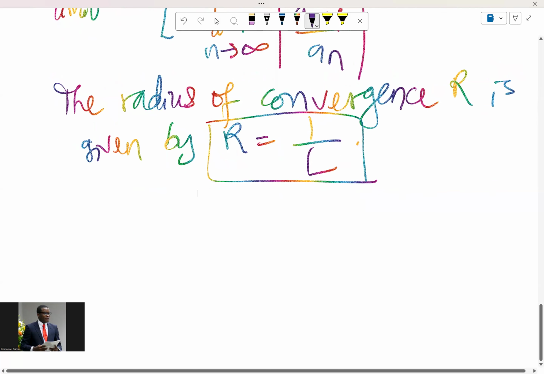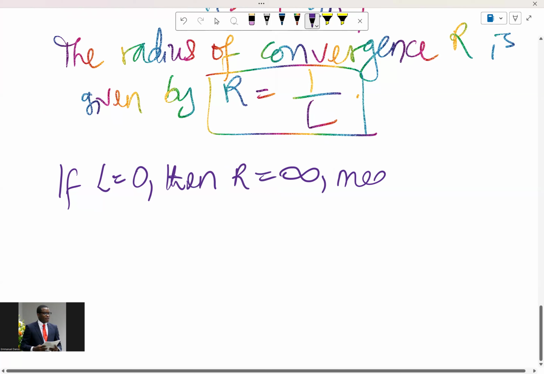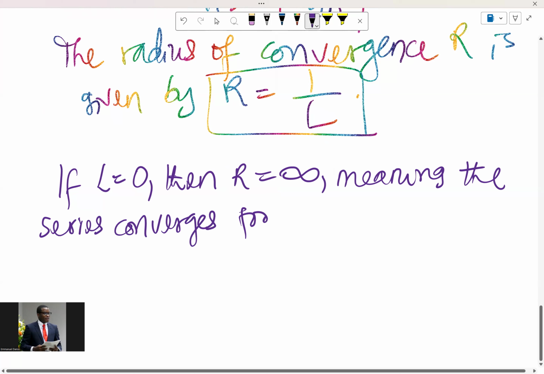So if L is 0, then it's clear that R is equal to infinity, meaning the series converges for all x. So whenever you get the limit to be 0, it means the series converges for all x.